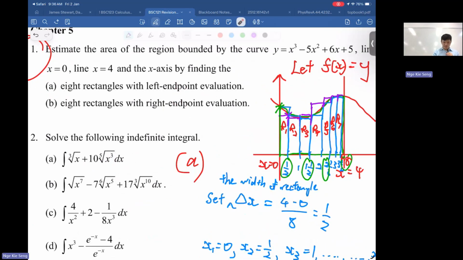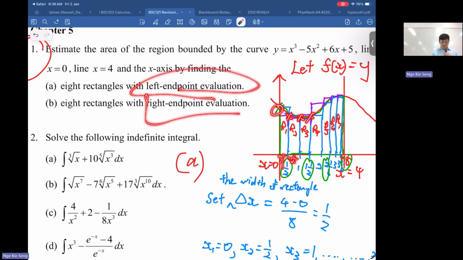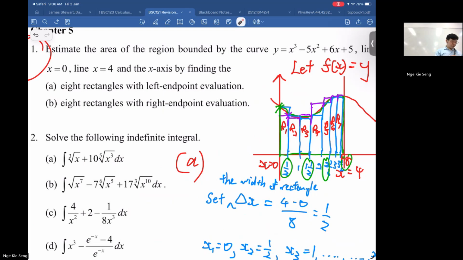So left evaluation means for every rectangle, you pick the left endpoint. And right endpoint evaluation is for every rectangle, you pick the right endpoint. That's it. But in theory, the Riemann sum doesn't care actually. A Riemann sum can take any point in between left and right.